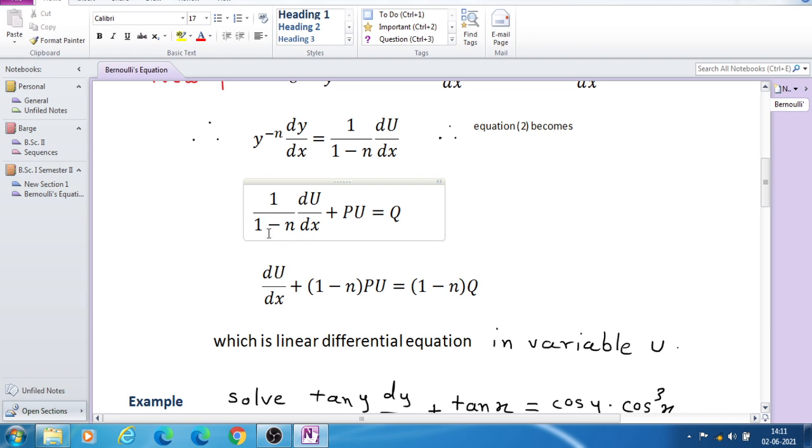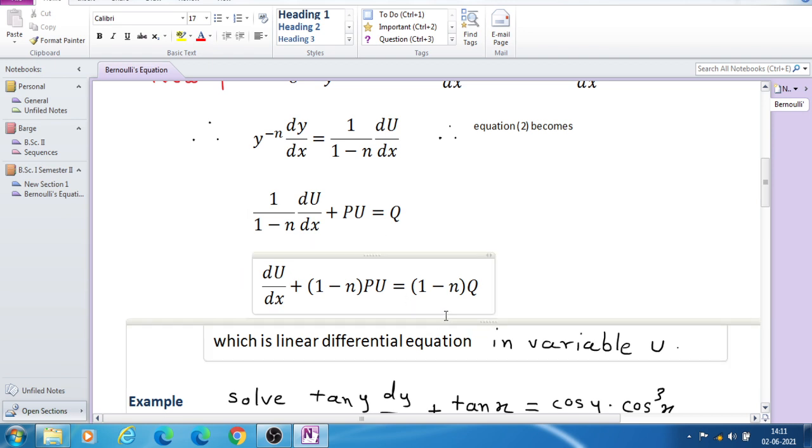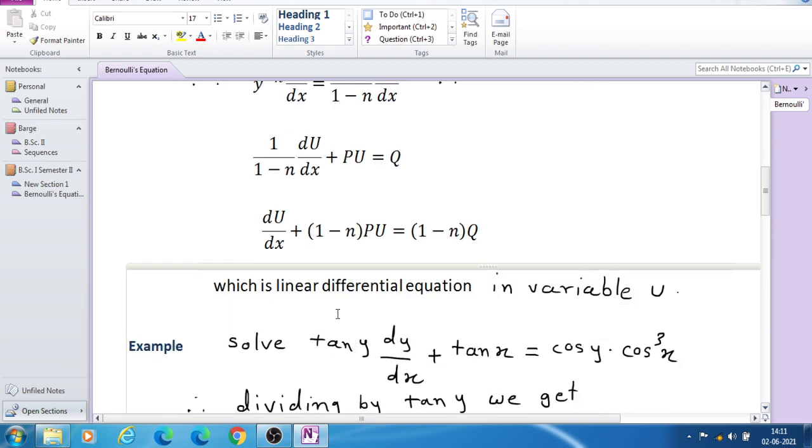To cancel this we multiply the equation by 1 minus n, and therefore we get du by dx plus 1 minus n into pu is equal to 1 minus n into q. And you see this is nothing but a linear differential equation in variable u.